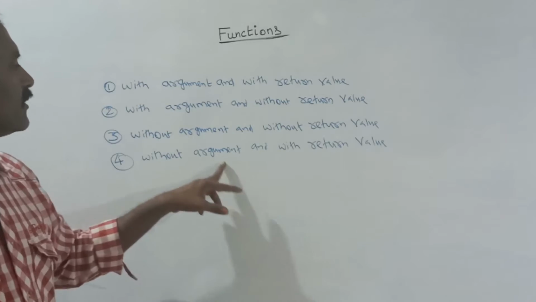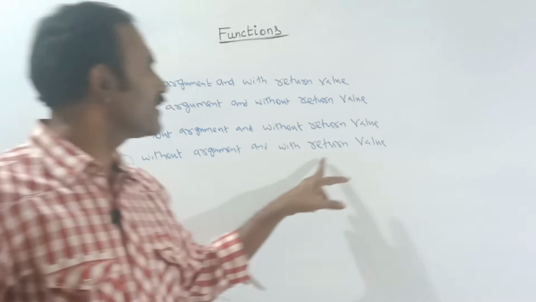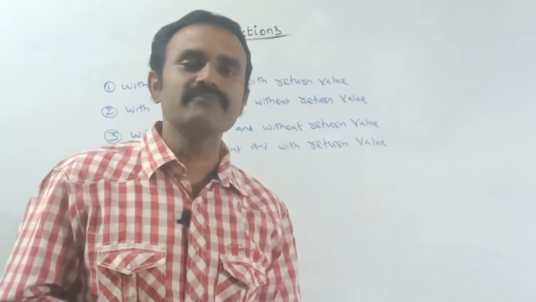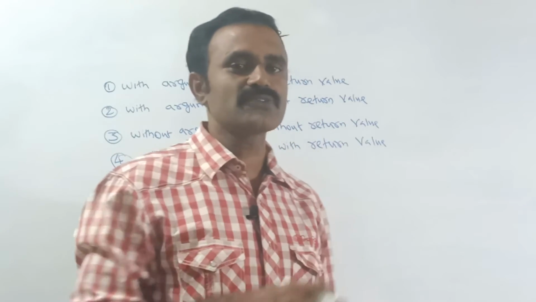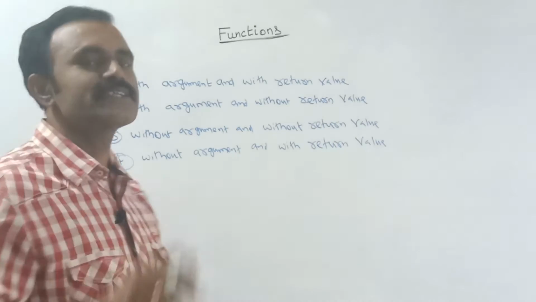Here, without argument and with return value. With return value means before the function name we can declare what data type of data it is going to return. After the function name, the argument list is empty.